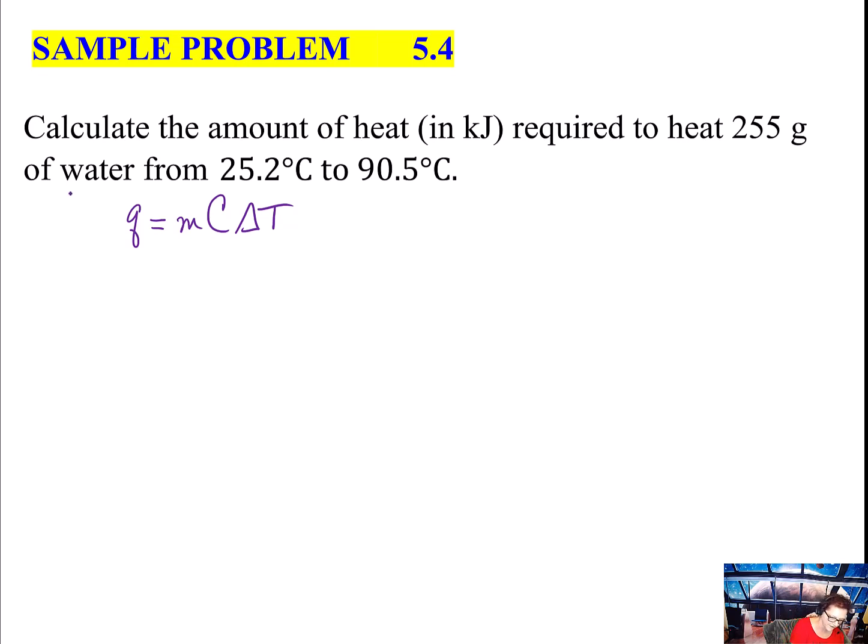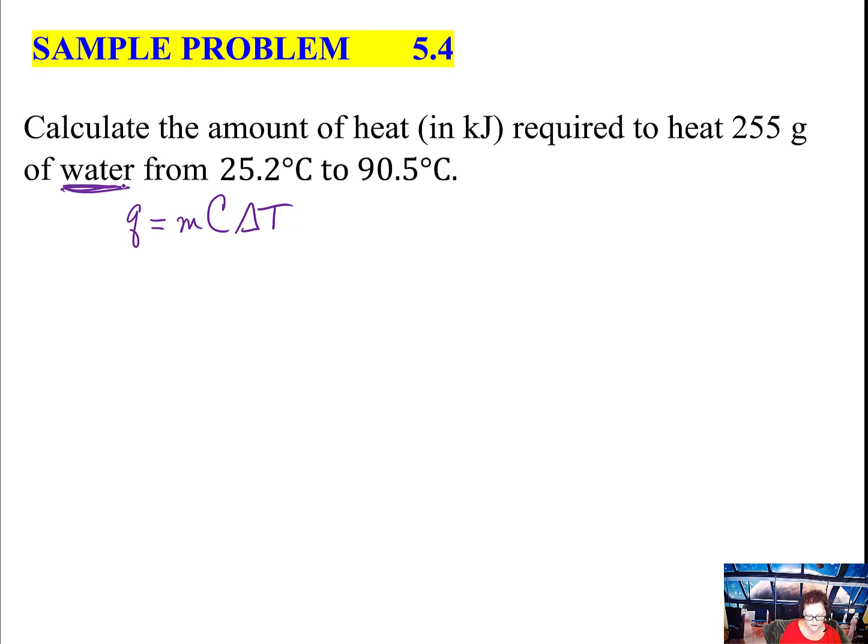So when we're talking about water, water's one I always remember because it's how many joules are in a calorie, 4.184, it's the same number. So that one I can always remember, but you still can look it up because it's given to you.